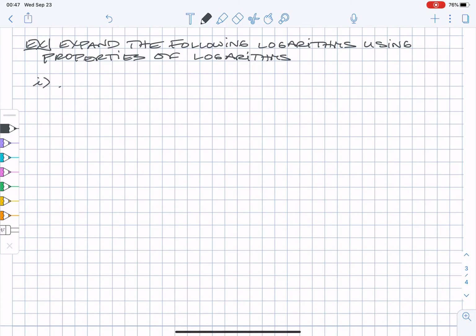Let's say we have natural log of the quantity x cubed times the square root of x times the fifth root of x plus 1. No, let's do x minus 1. Doesn't really matter.